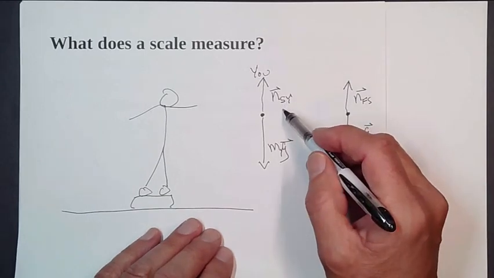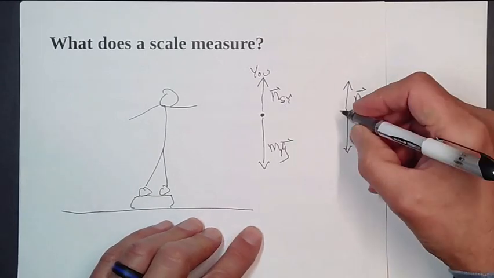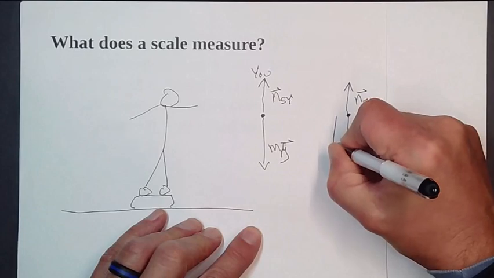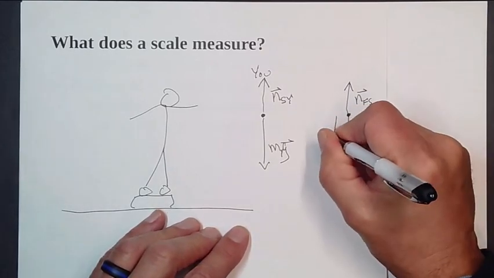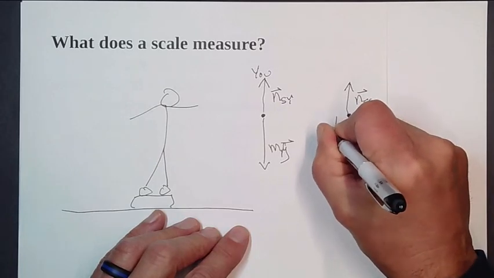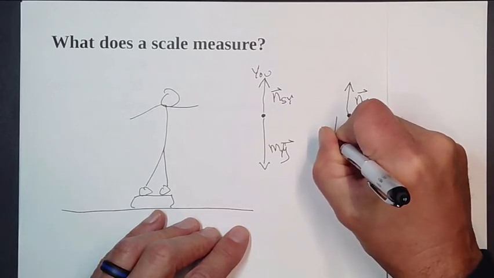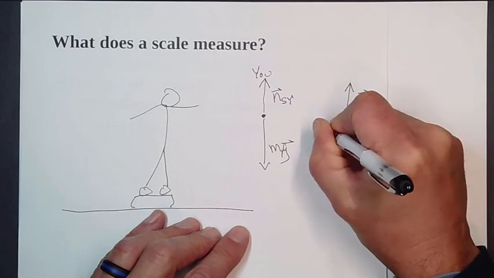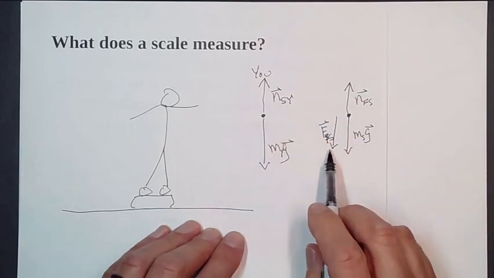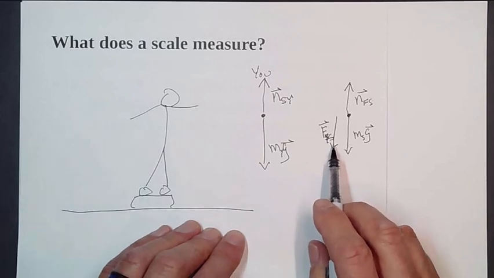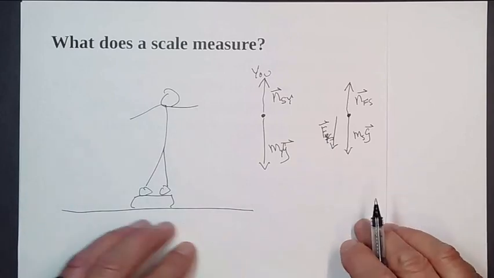That means you exert a force on the scale, and there will be this downward force on the scale. That's the force of you on the scale. Okay, we called this a normal force of the scale on you. This is actually the third law partner to that force.